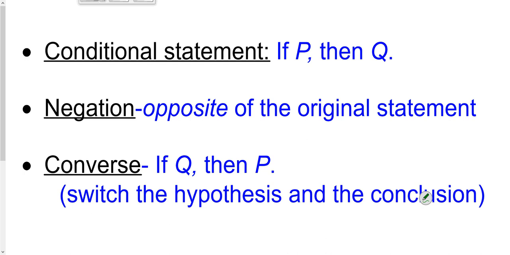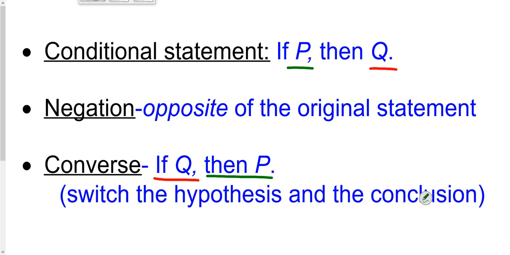So notice the conditional statement is if P, then Q. But then the converse is if Q, then P. Sometimes the conditional is true and the converse is false, or the converse is true and the conditional is false. Sometimes they can both be true, sometimes they're both false. And we'll talk more about that later.